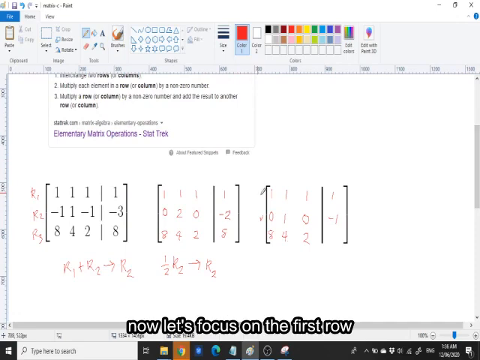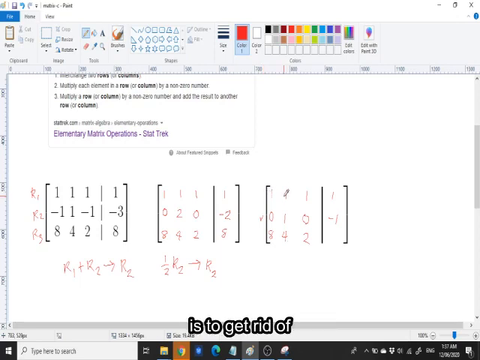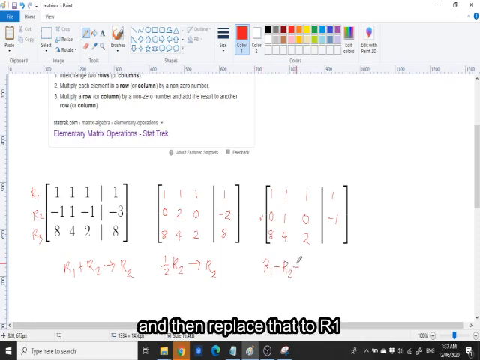Okay? Now let's focus on the first row. So one way of doing this is to get rid of this entry. So what we do is we subtract R1 by R2, then replace that to R1.